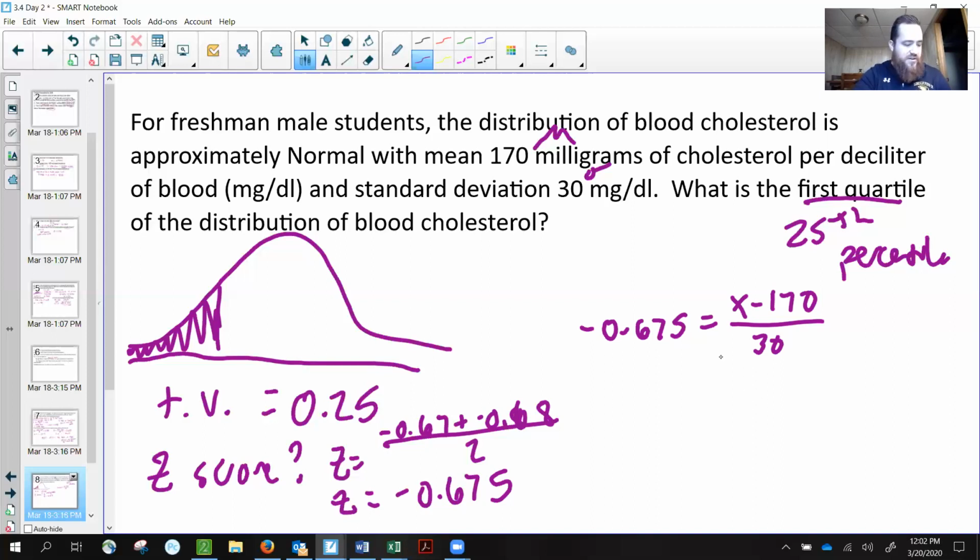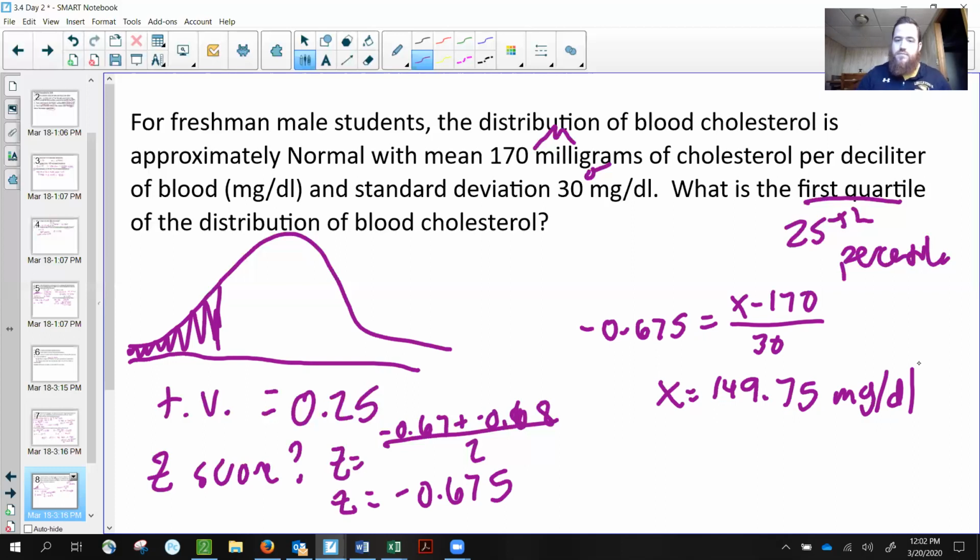Multiply both sides by 30, and then add 170 to both sides, and you get that the x would end up being 149.75 milligrams per deciliter. Hopefully that algebra is fine. Just multiply by 30, add 170. I hope we're okay at solving something like that at this point.